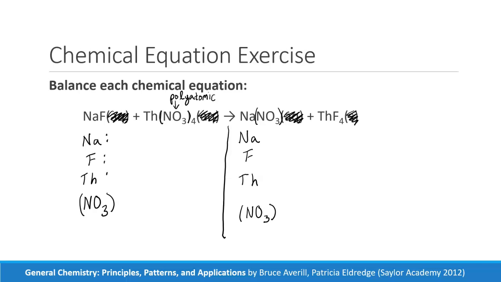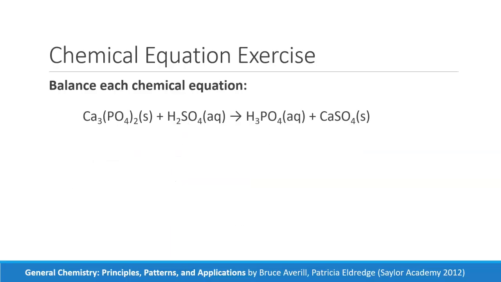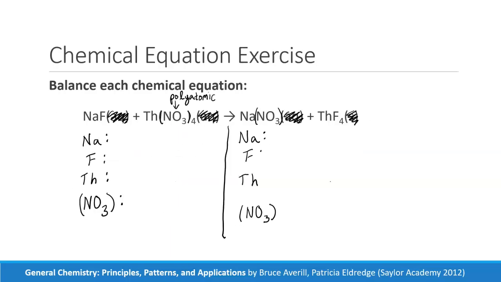Again, we are starting out with no coefficients, so we determine the number of each element by looking at the subscripts. Sodium and fluorine, Na and F, we have 1 apiece because there's no subscripts for those two. And TH, same way, there's not a subscript there.